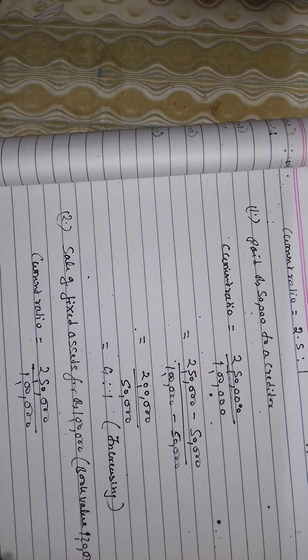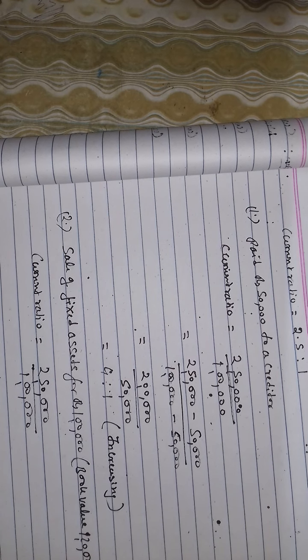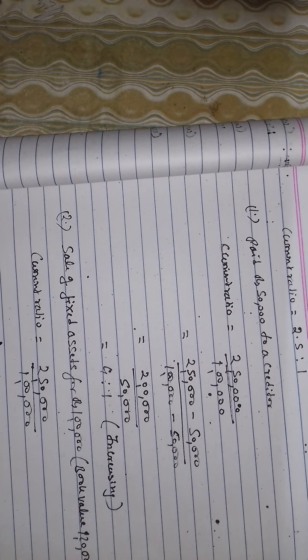But after selling the fixed asset, whatever cash we get will increase our current asset, because cash in hand and cash at bank are part of current asset.